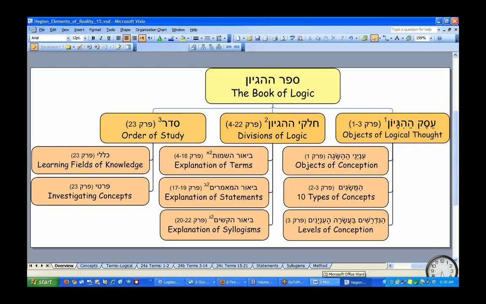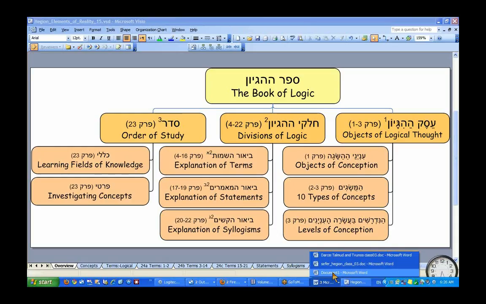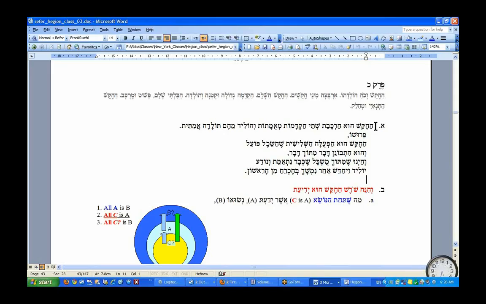So let's go into our paragraph. Chapter 20 says the following. Hekish hu, it's the combination of two premises, mumetos, that are true, v'holid mehem tolad amitis, and from those two true premises there will be a production of a true conclusion.